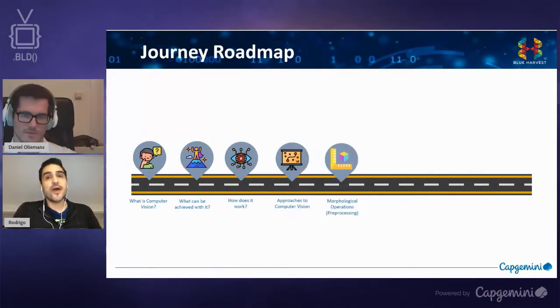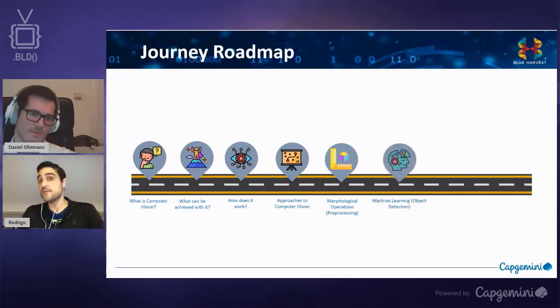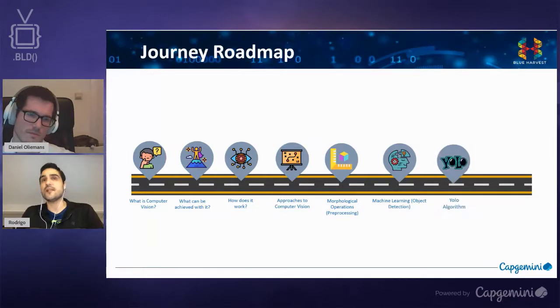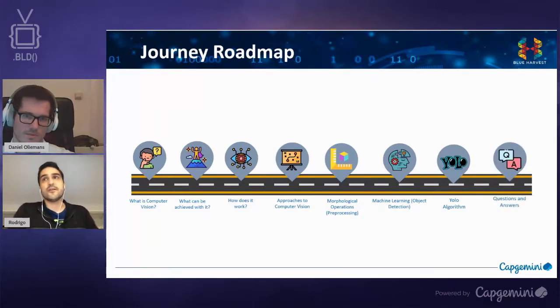We are going to have a look into morphological operations, which are one of the ways computer vision works. And also a little talk about what machine learning can provide to computer vision. We are going to talk specifically about a YOLO algorithm that we are going to use in our live code session. After this, we are going for the Q&A session before moving to the live coding part.